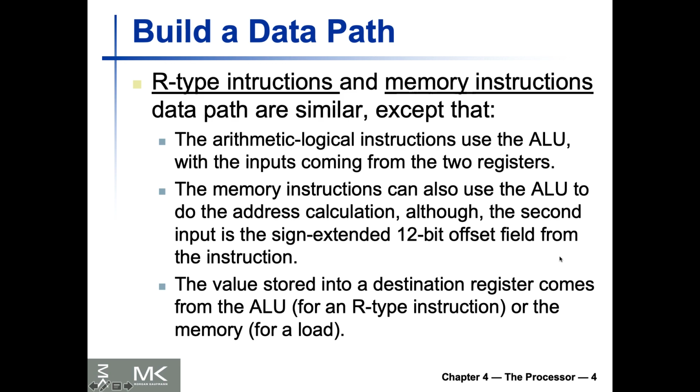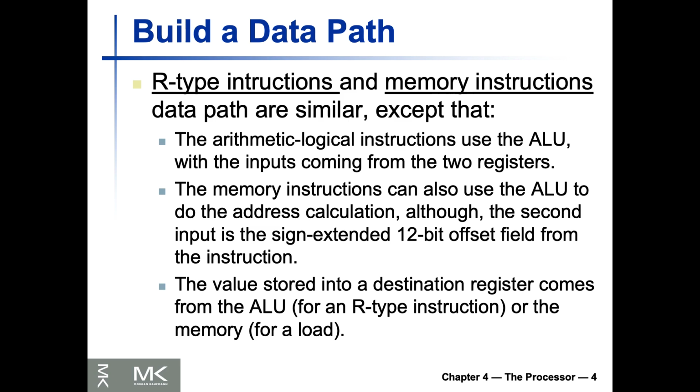I'll show you the instruction later, and you'll see the difference in addressing. And the value stored into a destination register comes from the ALU, or in the case of a load, it's going to come from memory. So if you want to load something, it's going to come from memory.